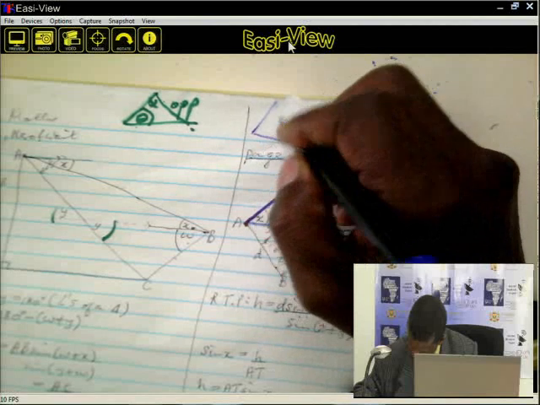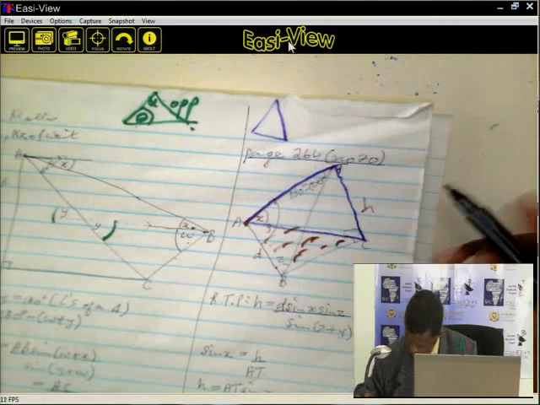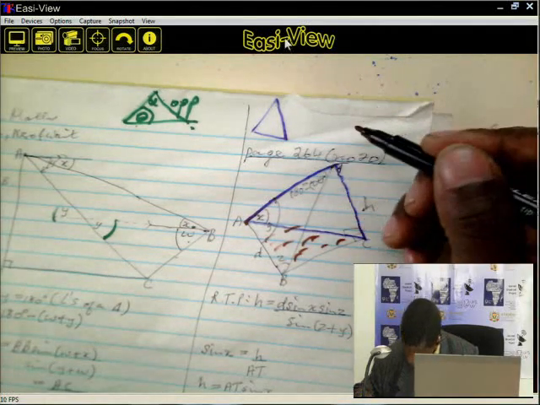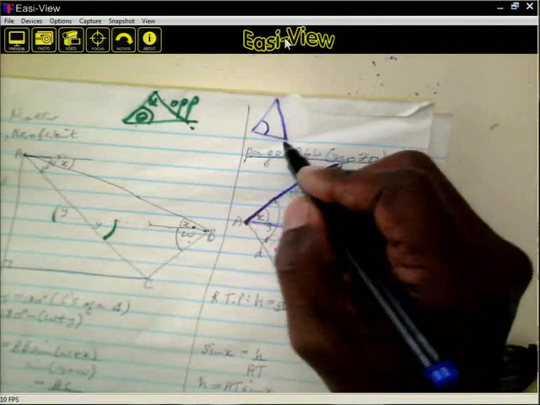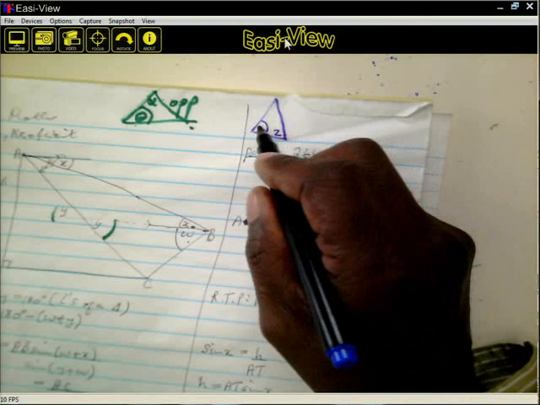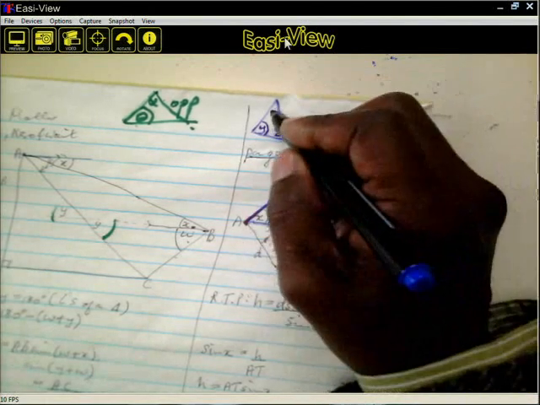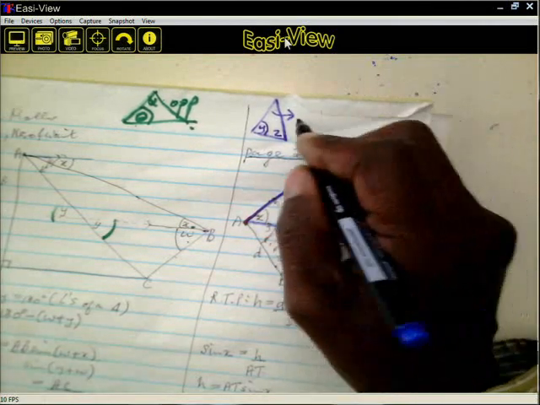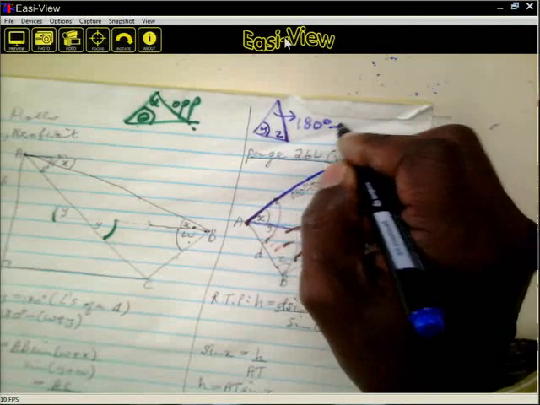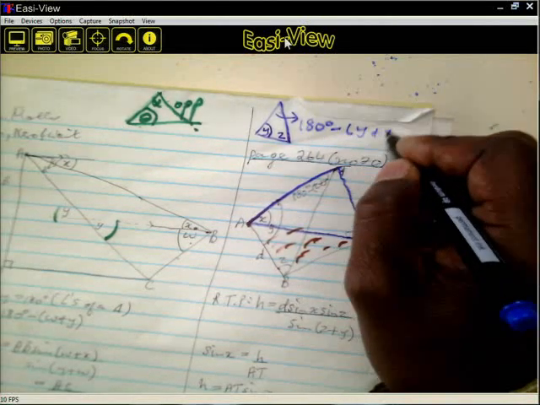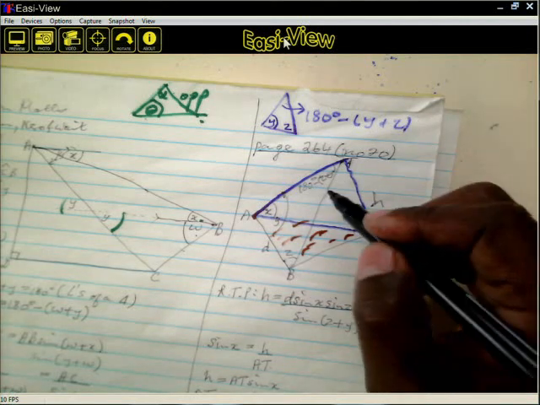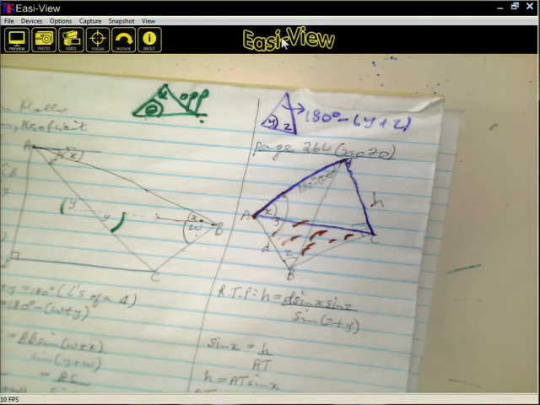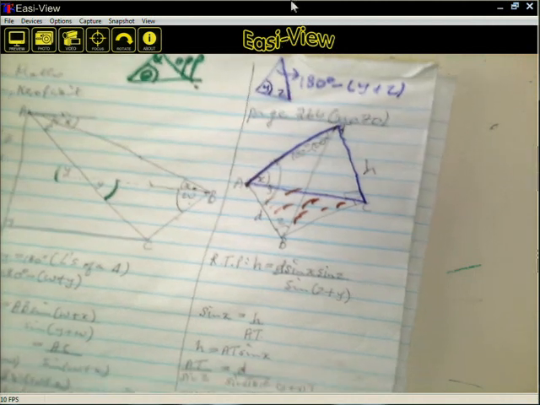Then you get this, and then you get that. And this is your y. And this is your z. And your trig ratios say this must be equal to 180 minus y plus z. That's where I get that magnitude from, 180 minus z plus y.